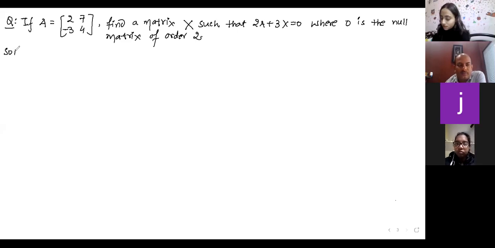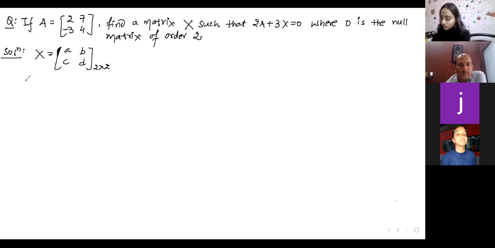Anyone? Okay, first of all, let X be a matrix whose elements are A, B, C, D. Why A, B, C, D? Because the order has to be the same for the addition part.